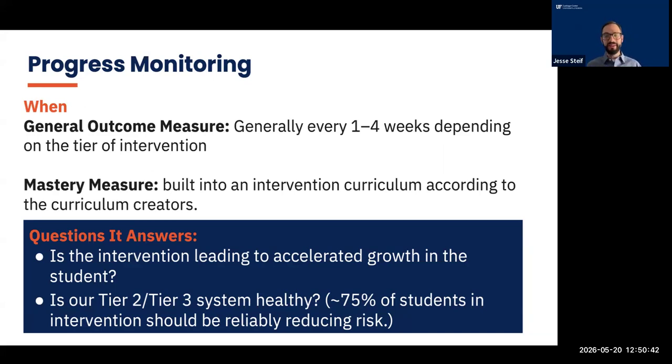And if about 75% of students who are in tier two and tier three interventions in your school, in your grade, in your class are not making really strong accelerated progress, your first assumption and course of action should be to examine how we are providing that intervention, what curriculum you're using, whether it's the right intervention, and whether that intervention is being done with fidelity, according to how it should be implemented and how it was implemented in research, rather than looking more at student factors and thinking, well, 75% of your students in intervention are not reading disabled.